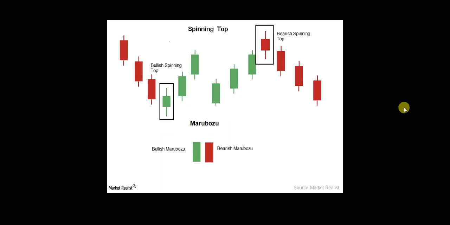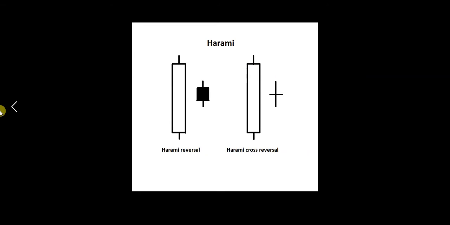This type is a spinning candlestick, a spinning top, that has a short body like this. Here the doji doesn't have any body, but this type is for harami, that we can use for bullish or bearish.